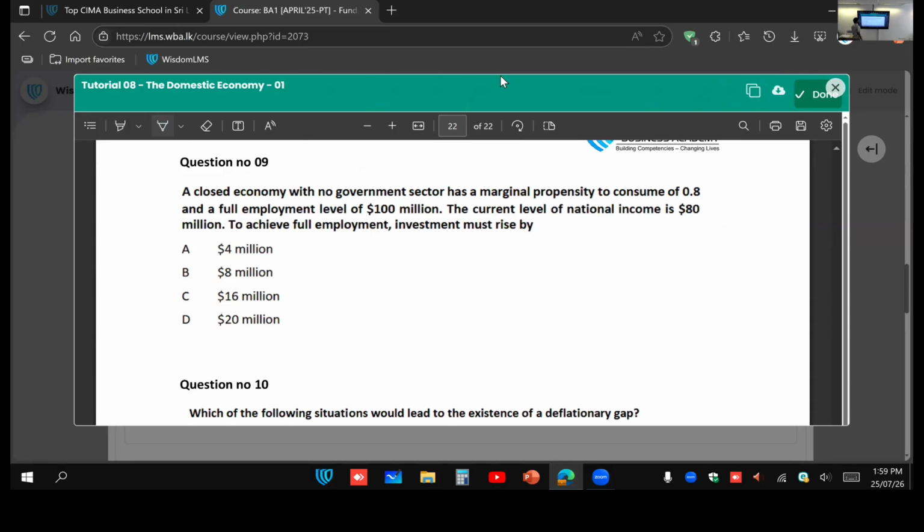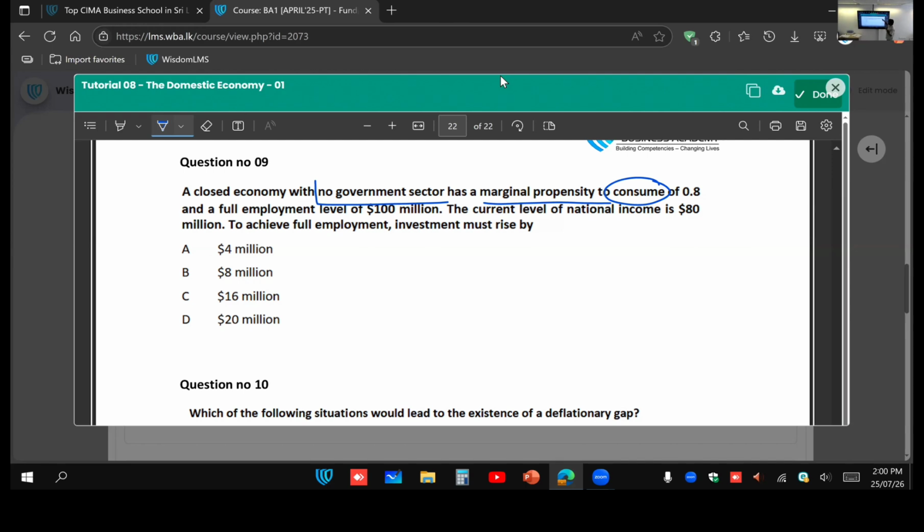Question number 9. A closed economy with no government sector. Really good country to live, right? Where there is no government. Remember, in the syllabus you have marginal propensity to consume and marginal propensity to save, both, so be very careful.